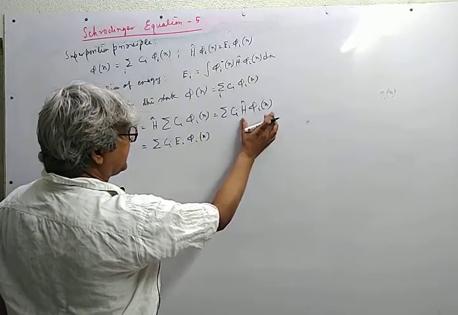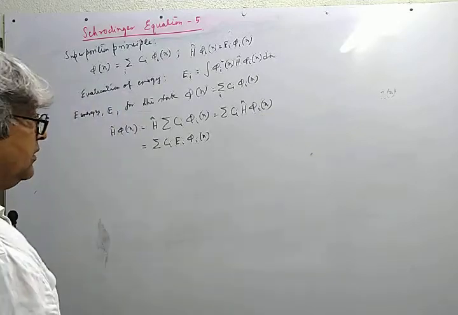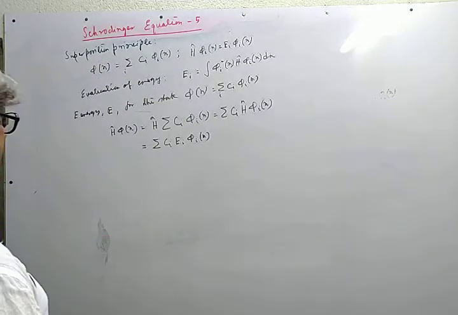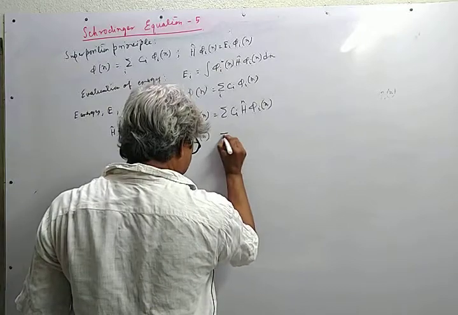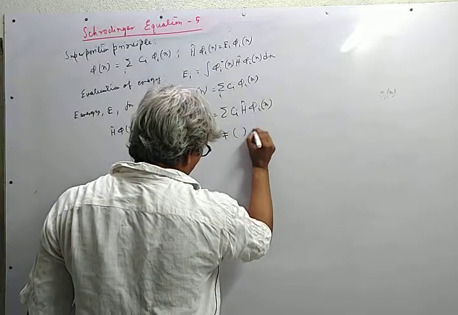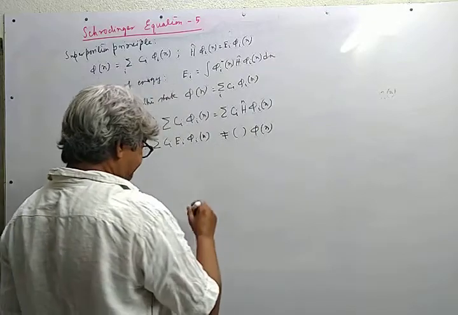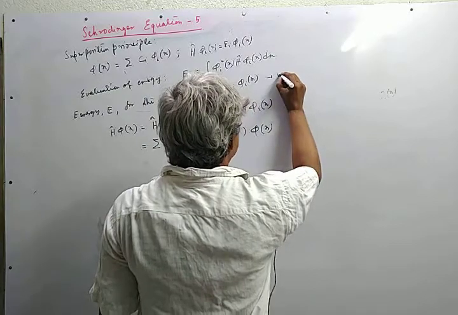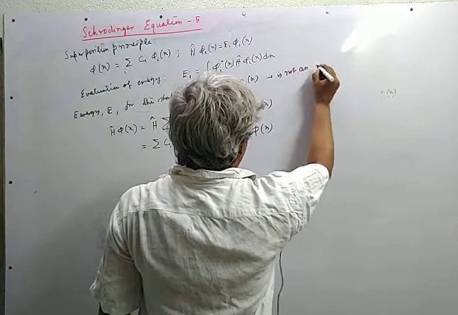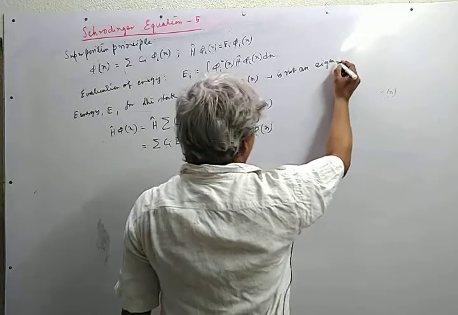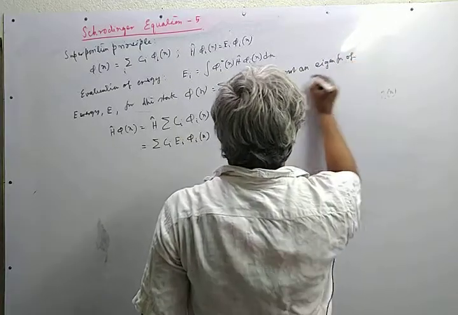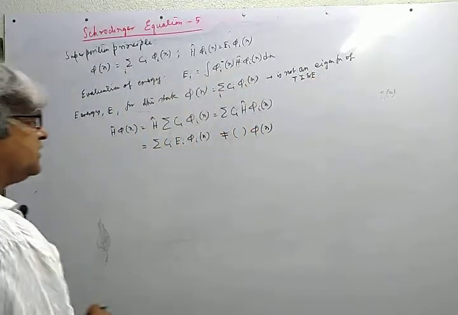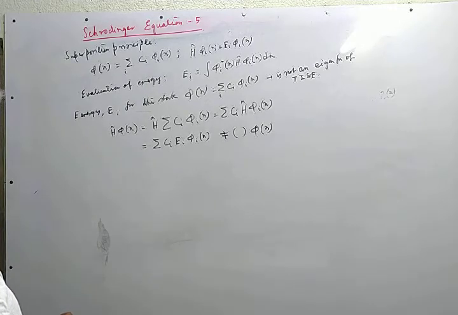Here we have replaced this by the eigenvalue equation. Obviously this is not something times phi, so first thing, we can conclude that this is not an eigenfunction of the time independent Schrodinger equation.